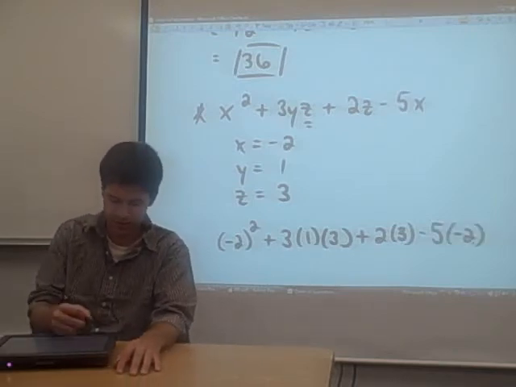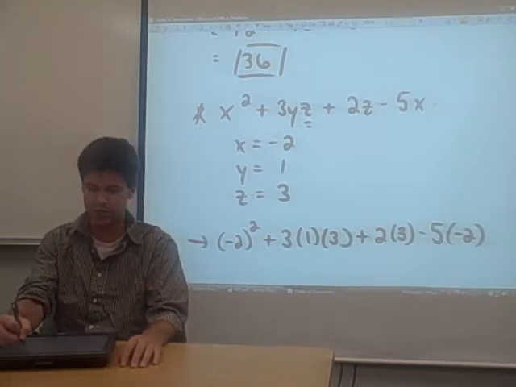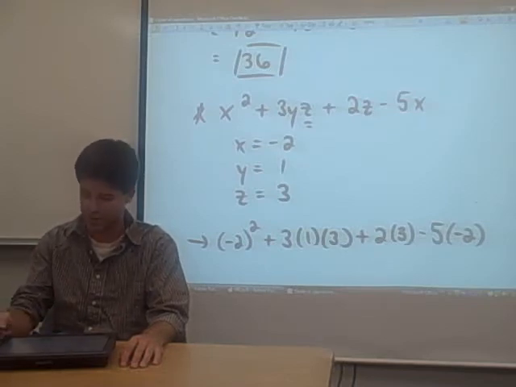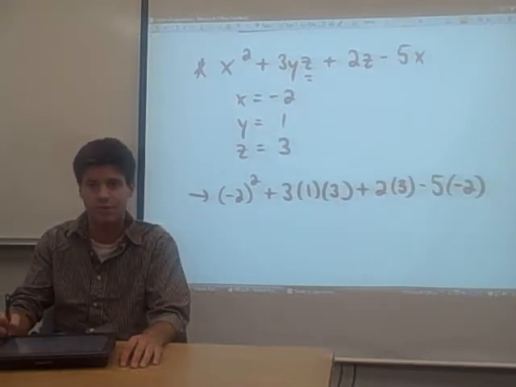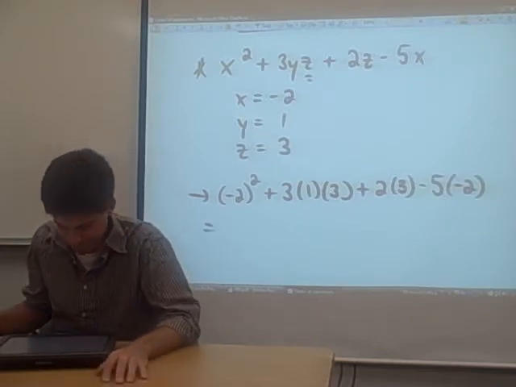Okay, so we substituted all of our variables into this expression up here that we were given, and we ended up with this expression with just numbers in it. And we should be able to use order of operations to solve for whatever number this expression is.